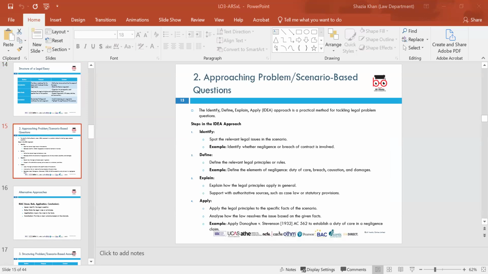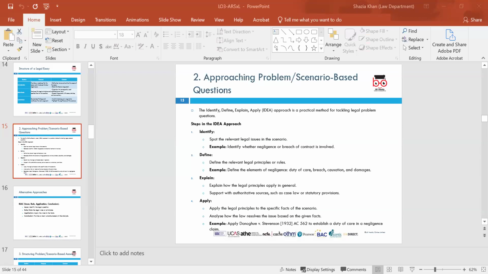It will help you identify the area: identify the issue, define and explain the legal principles, apply the legal principles, and analyze the law and the issue around that, making sure you are analysing the argument, discussing everything, and structuring the assignment accordingly.